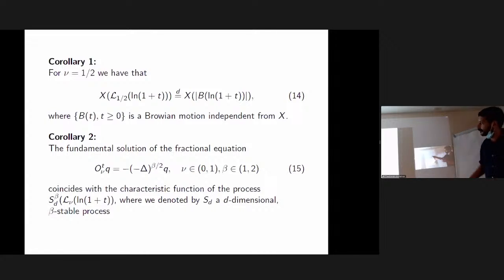Some corollaries. For example, the case ν equal 1/2. If X is the Brownian motion, then for ν equal 1/2 in distribution it can be represented as an iterated Brownian motion with the deterministic logarithmic time scaling.